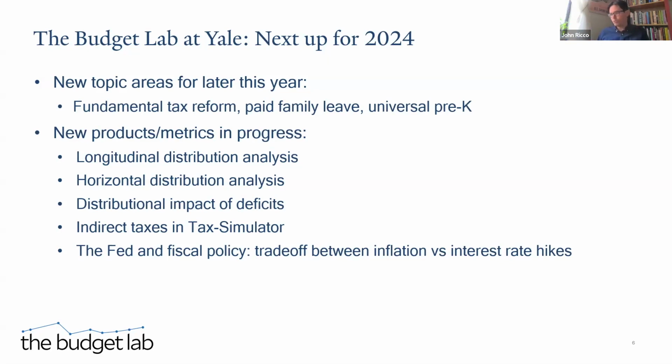We would like to move away from the static view of the population, engendered somewhat by point in time distribution estimates, and present a richer view of how people are evolving over time in their lifetimes and how policy interacts with the fact that our lives change over time. And of course, that's difficult from a modeling perspective, given how these models work.